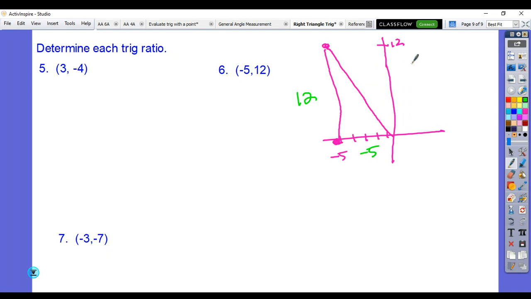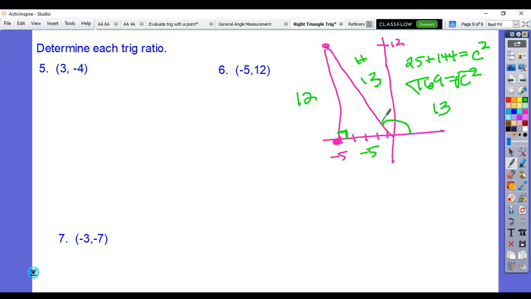And then if we have -5 squared is 25, plus 12 squared is 144. This is also a very common, to me, this is the second most common right triangle. 169 is c squared, and the square root of that is 13. This is a 5, 12, 13 triangle. My hypotenuse is here, x, y, r.